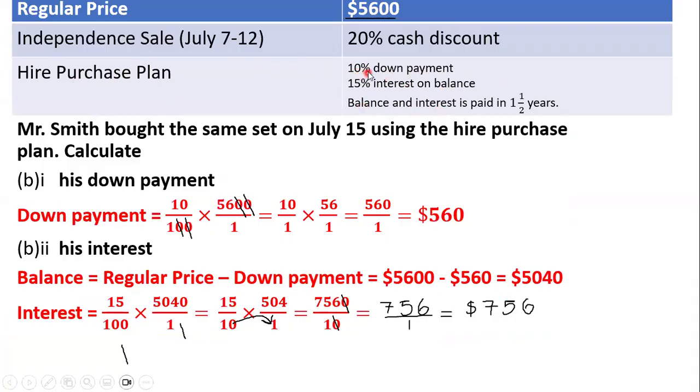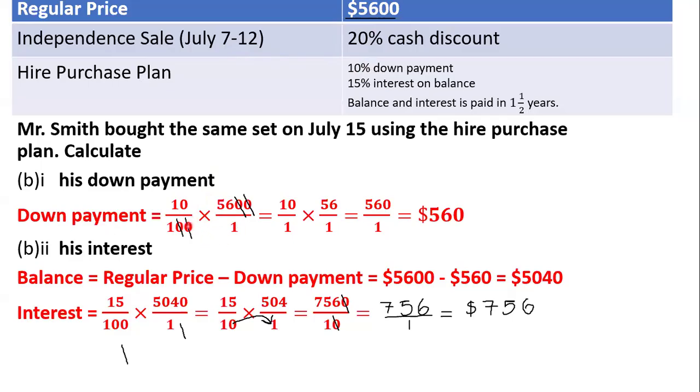So let's deal with the down payment. How much percent is the down payment? 10%. Very good. 10% of what? 5,600. Very good. How do we do 10% of 5,600? We put 10 over 100 and 5,600 over 1.